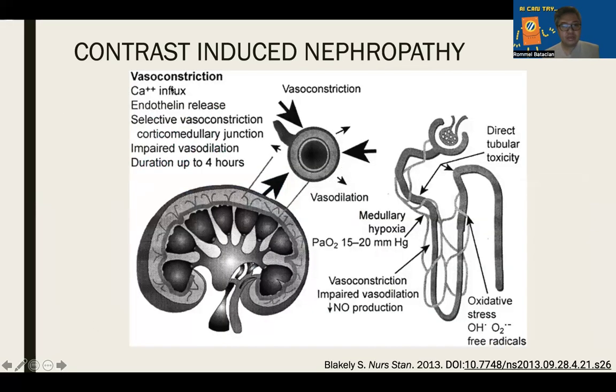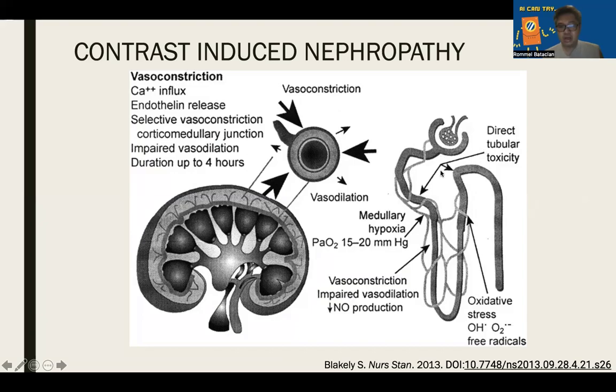What happens is that due to the contrast, especially the hyperosmolar contrast agents, they cause vasoconstriction in the afferent arteriole, leading to the influx of calcium and release of pro-inflammatory substances like endothelin. There's impaired vasodilation, so that leads to hypoxia in the medullary area, in the tubules.